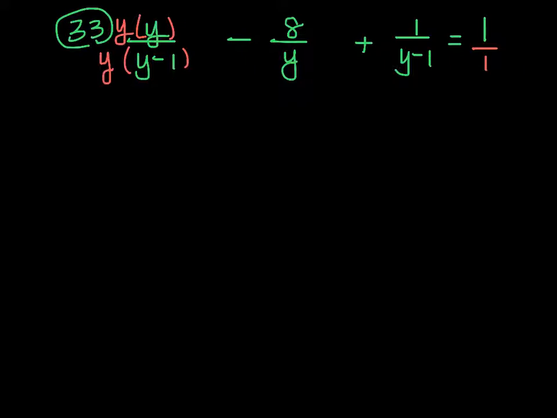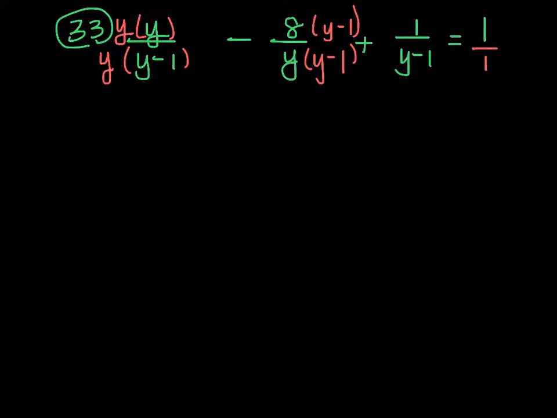Then this denominator here, we're going to multiply by the binomial y minus 1, because now you can see that matches the denominator of the first fraction. And what we do to the bottom, we do to the top. Do you see this denominator here matches this denominator here? So we're going for that common denominator.